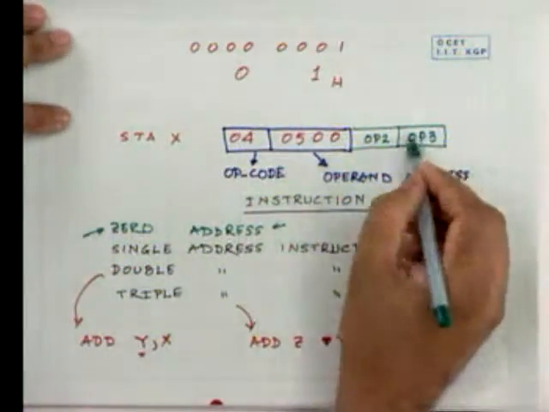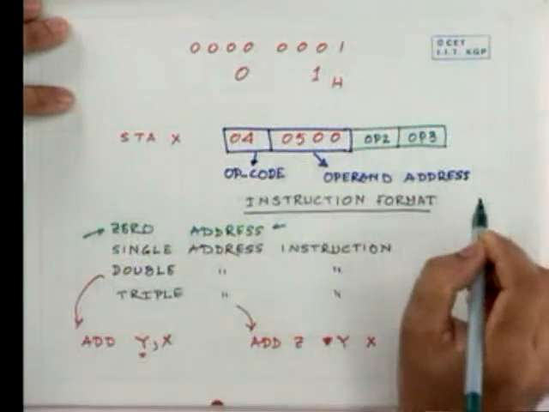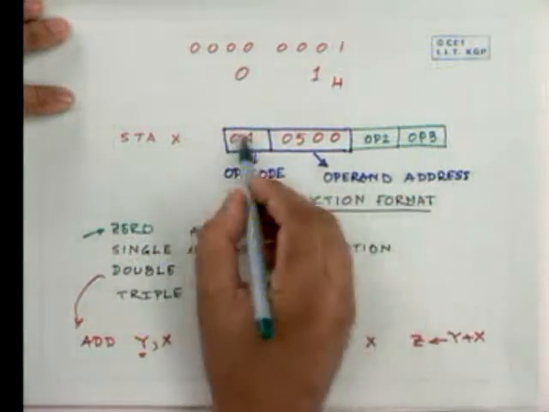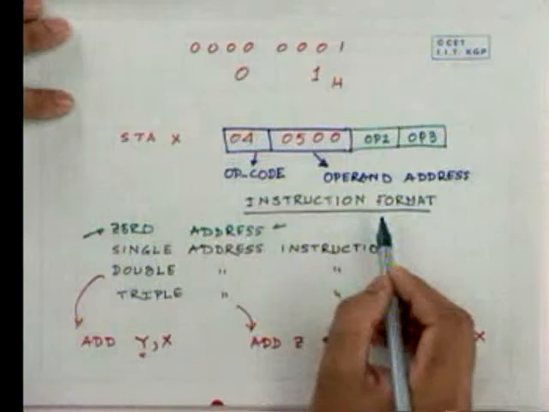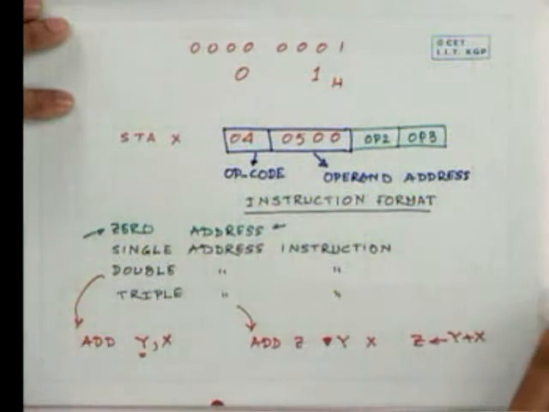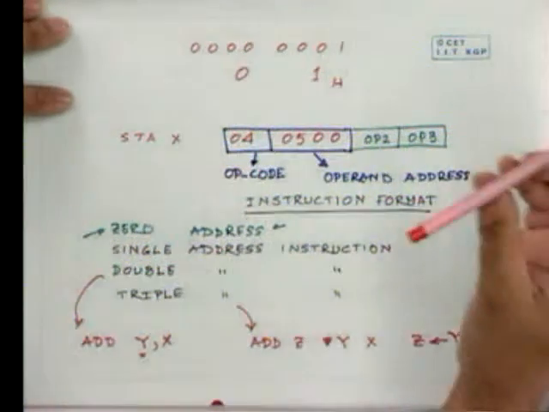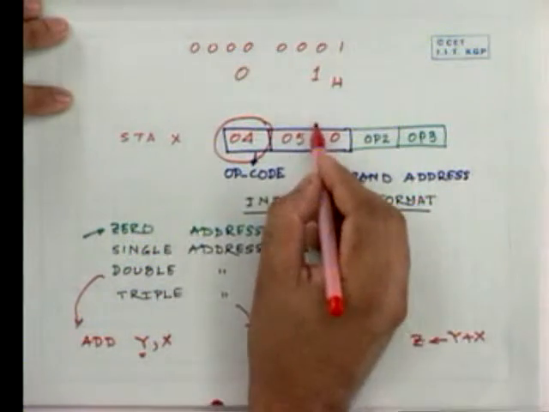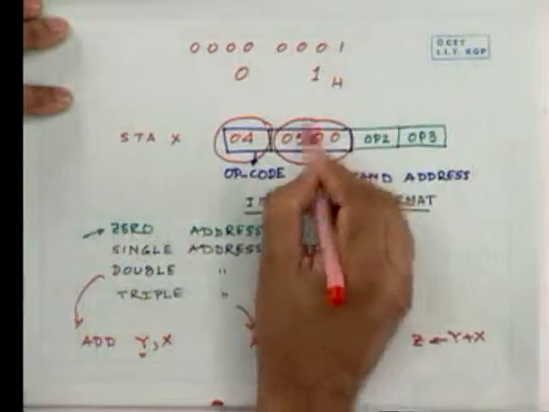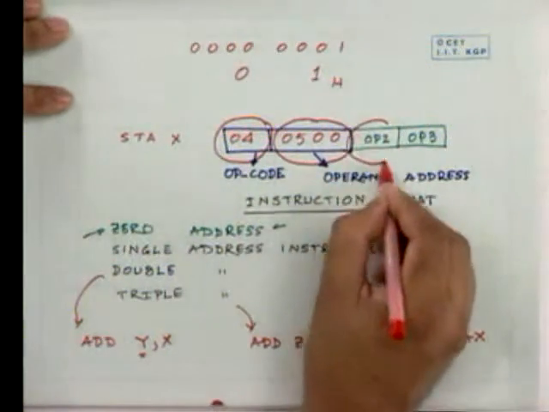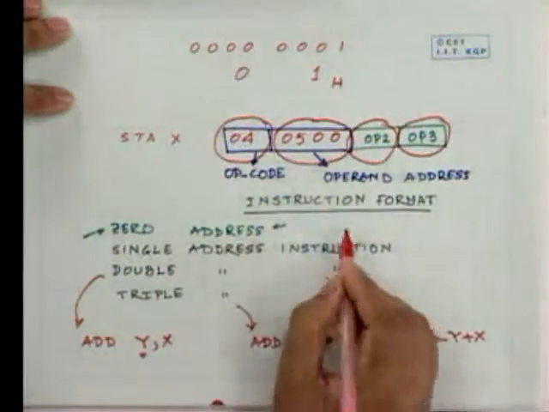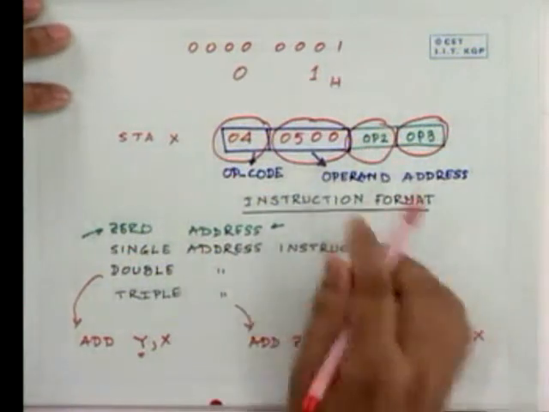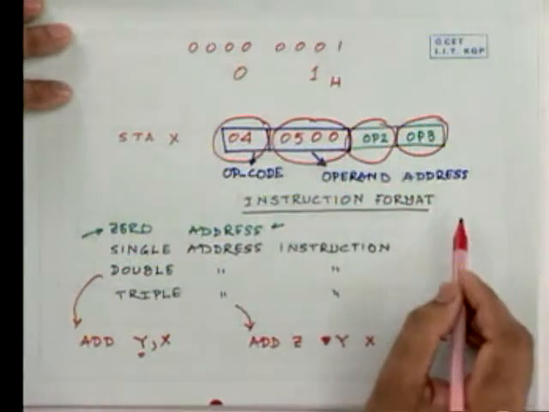Now, one important thing so far as the instruction format is concerned is how lengthy an instruction will be. Naturally, that depends upon the number of operands that you use, and also the size of the opcode and the addressing scheme that you use here, here, and here. That means the addressing scheme that the computer uses.